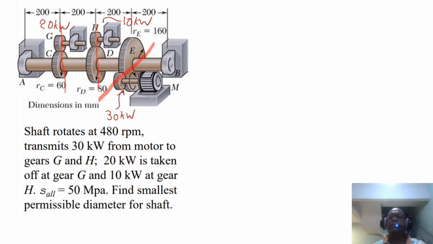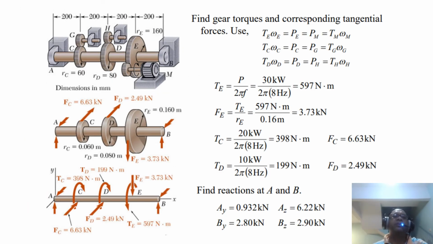So let's see how the solution looks. Here's what we discussed just now. We know the equation P equals T omega, and then P at E equals T_E omega_E, and P at H equals T_H omega_H, and these are all the equations related to this. So the torque at E: P equals T omega, omega equals 2 pi f.